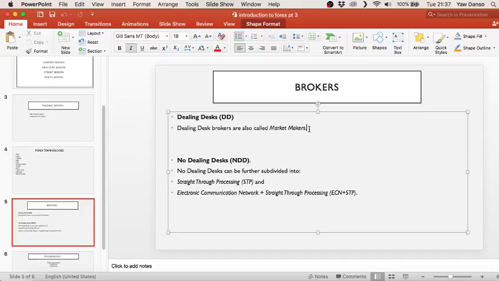If they don't find someone, they themselves, as a broker, would take the other side of the trade. So what does that mean? It means when you buy, they will sell to you. If that happens, you know what I mean by that.